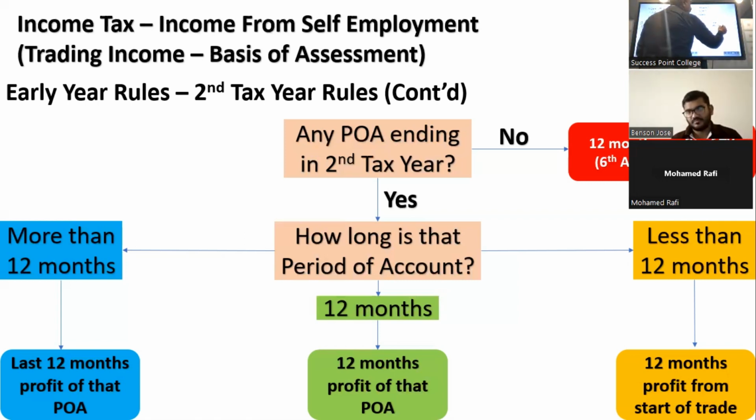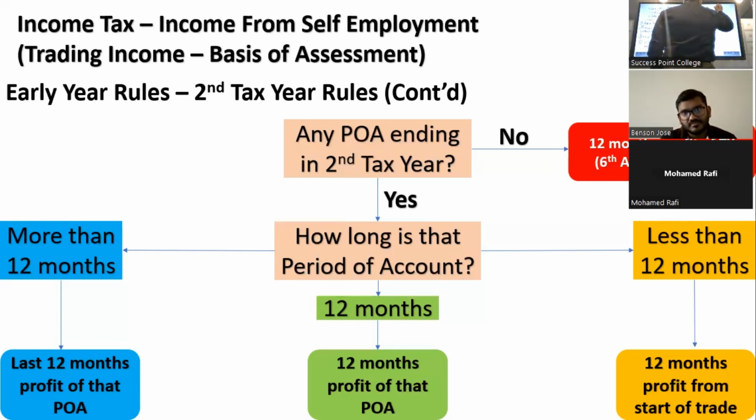So total overlapping is 45,000. You have assessed in total 135,000, whereas your profits were 90,000. So how much extra did you assess? 45,000. So this 45,000 is overlapping, and the months for the overlapping are July 19 to March 20.